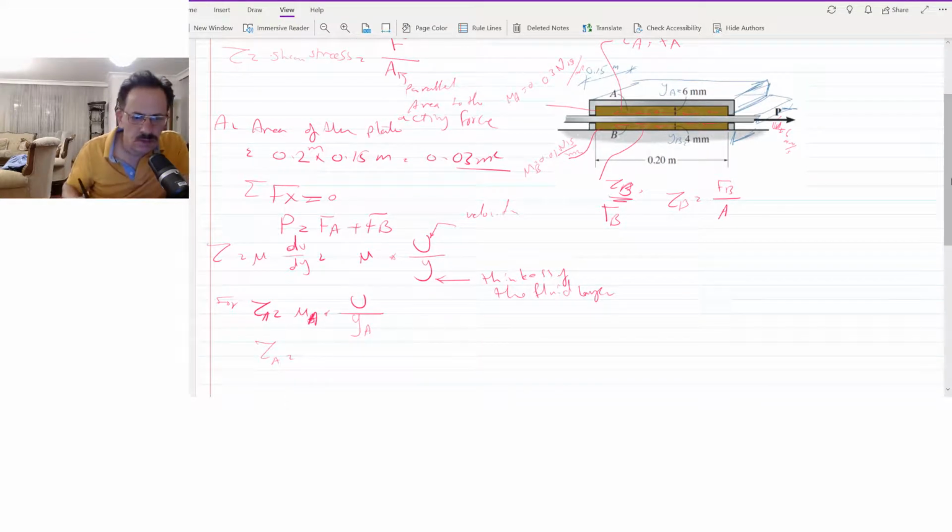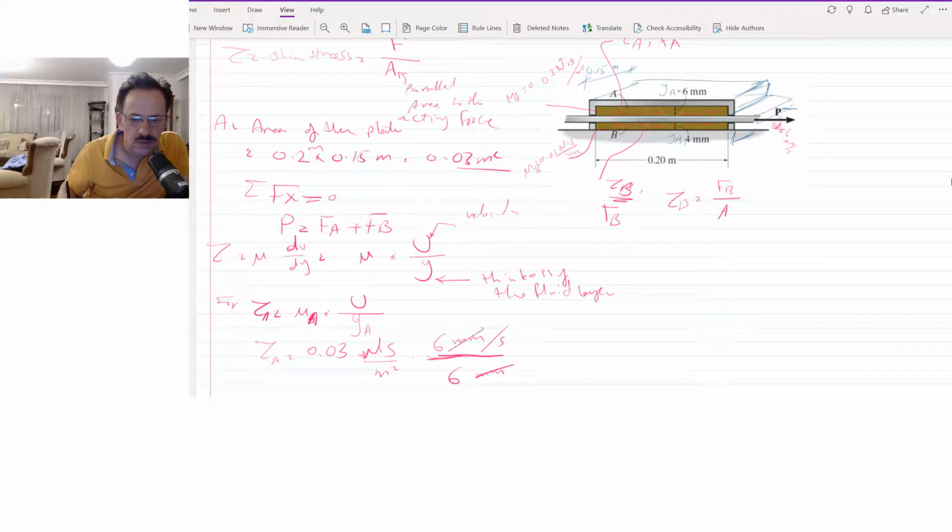Now viscosity at A will equal 0.03 Newton second per meter square, times the velocity of the plate, 6 millimeter per second, divided by y, or the depth of the layer, which for A is equal to 6 millimeter.